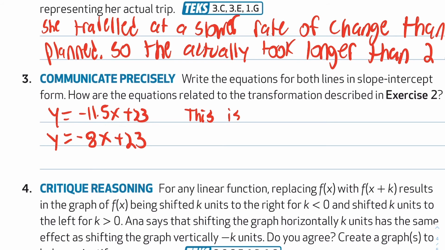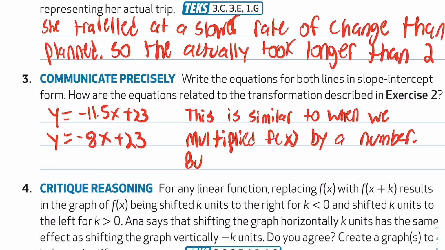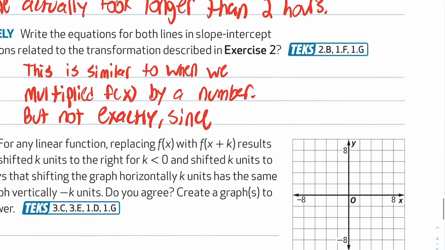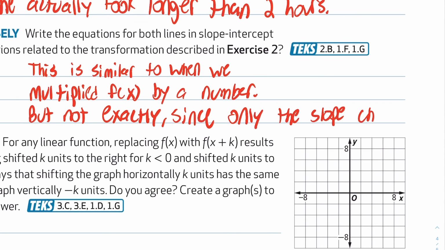This is similar to when we multiplied f of x, but not exactly. Since only the slope changed. Okay, so since only the slope changed, not everything was multiplied.